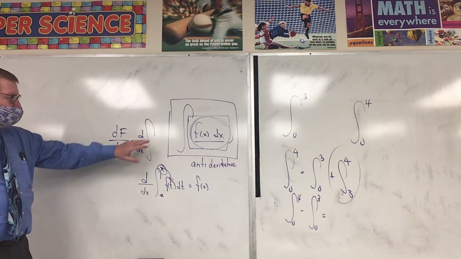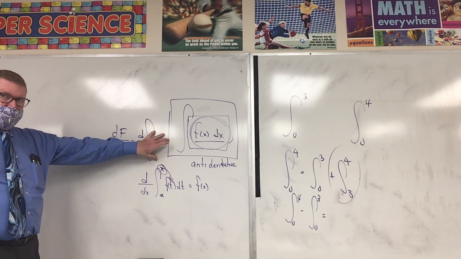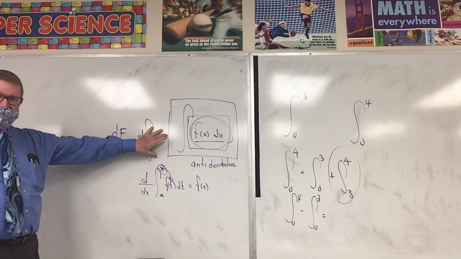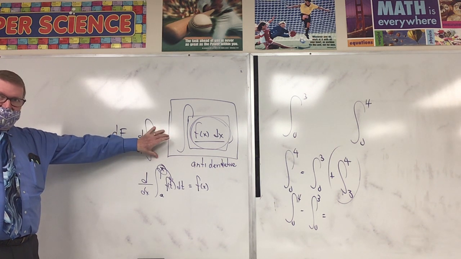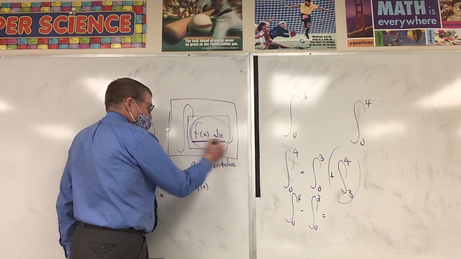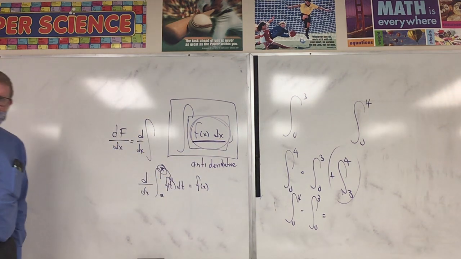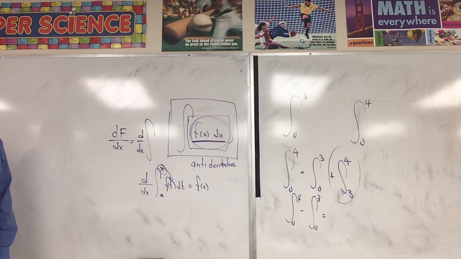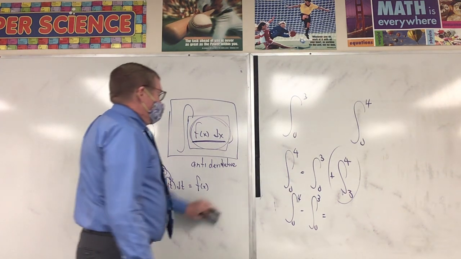If I take the derivative of this integral, which is the function, I'm just getting this function, this derivative here. Because again, remember, this is the derivative. All right? So it would look something like this.